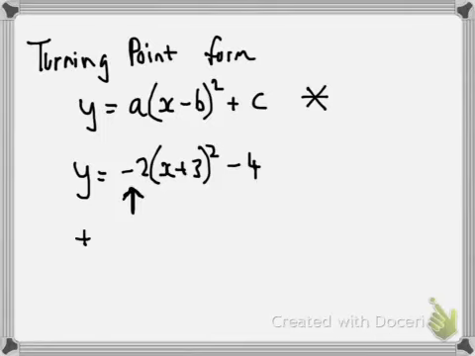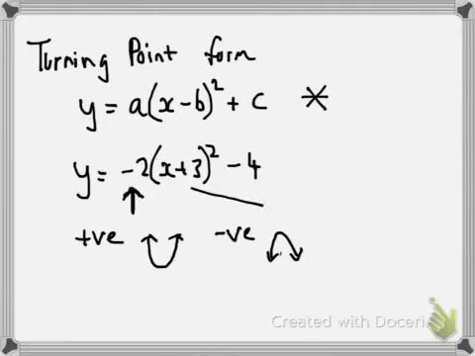If that term is positive, our graph will be that shape. If that term is negative, the graph will be that shape. And in this case, I know straight away by seeing that negative 2 out the front of our bracketed term, that is going to be that inverted shape there.